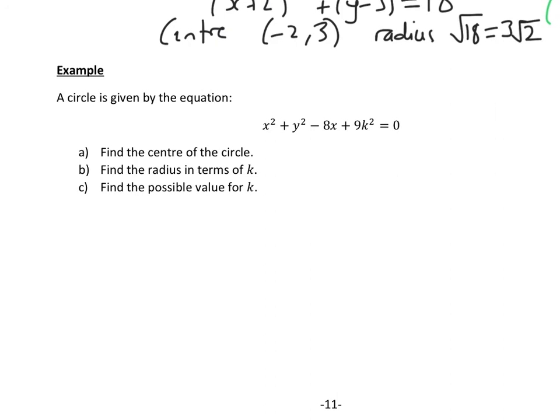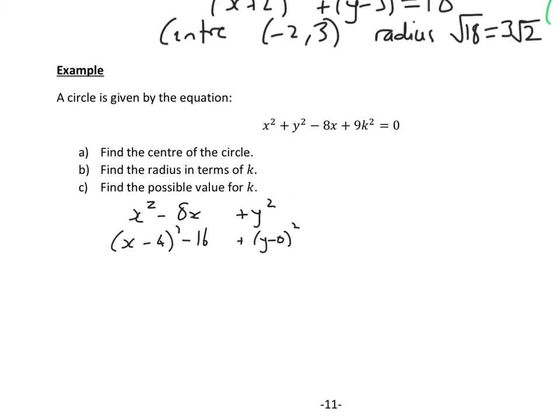Okay, the next one's still a circle, so we're going to find the center, the radius, and the possible values of k. So center means we're going to complete the square. If I just look at the x's, I get x squared minus 8x. If I complete the square, I get x minus 4 squared minus 16. y is just y squared, so that's already complete the square, so I'm just going to write that as y minus 0 squared.